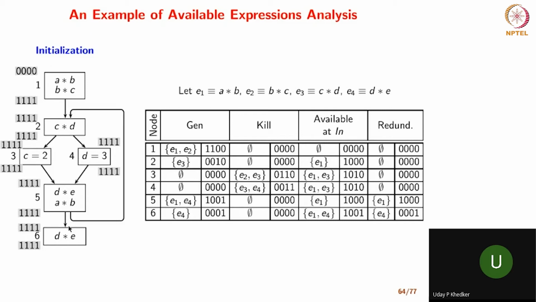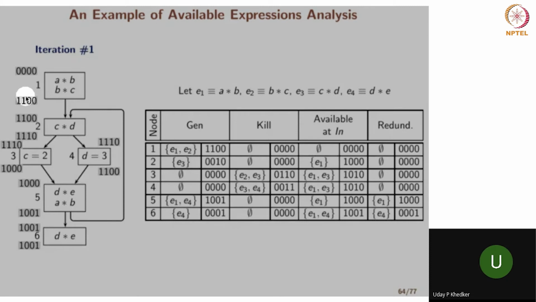How do we compute the data flow values? Note that here 1 is the result because this is computed here. So the in of this is 110. To this 110 we add this C star D. So we get 1110 here, at the in of this, and at the in of this.